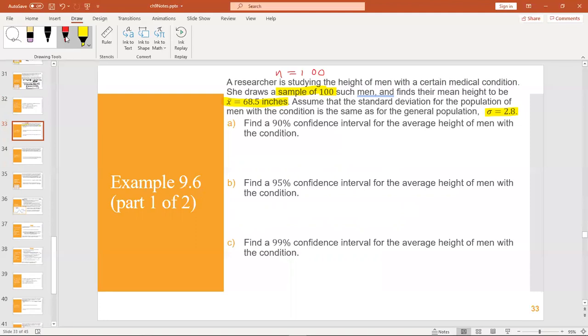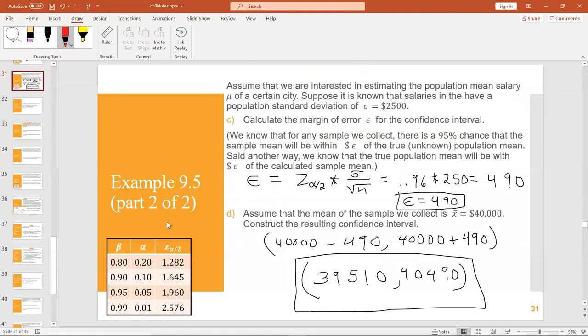I'm not sure if they tell us if it's normally distributed or not, but because this is greater than or equal to 30, we can just assume it's going to be approximately normal anyway, regardless of what the original distribution is. And so we want a 90% confidence interval. So 90%, that's 1.645.